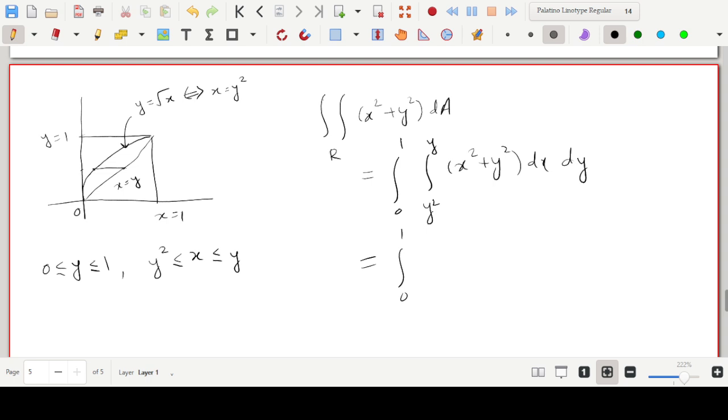Fine. So what should we do now? What is the integral with respect to x? So x cube over 3 plus x y square from y square to 1 dy.